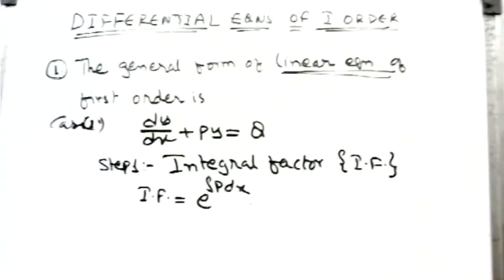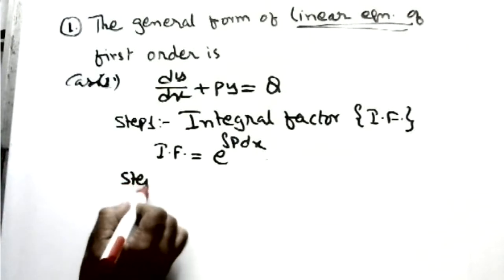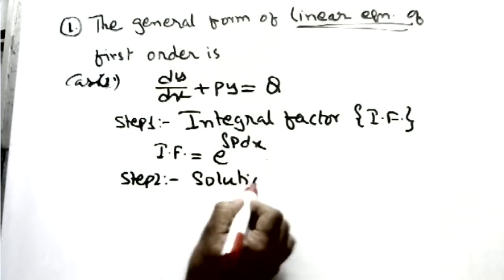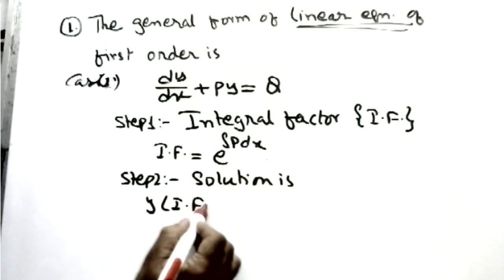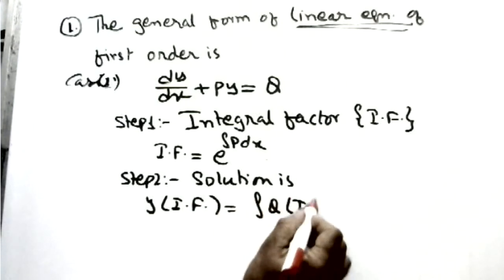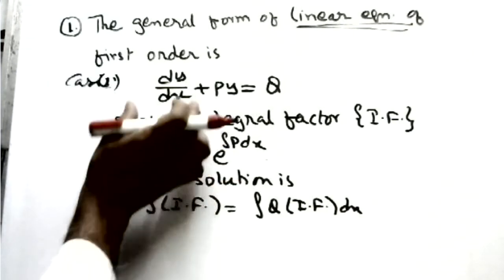So the first step is the integral factor, and the second step is the solution. Step 2, solution: y into integral factor equals integration of q into integral factor dx. So this is the method.